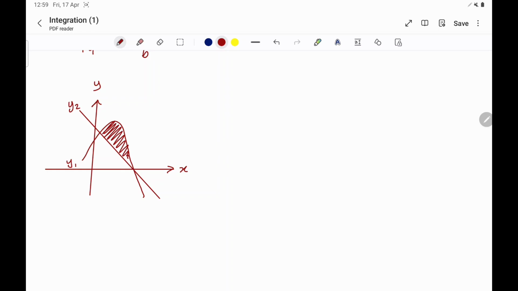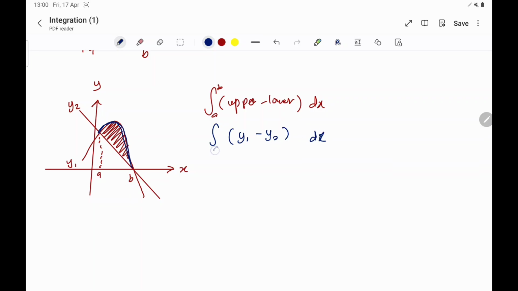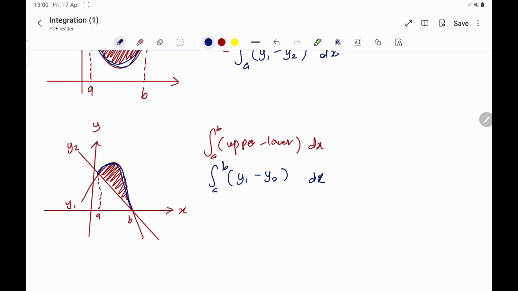The shaded part is here, and the intersection points are here, A and B. So remember, upper minus lower dx, starting from A to B. So where is our upper? Right now our upper is this curve, the quadratic, which is our y1. So it depends: it's not only y1 minus y2, it could be y2 minus y1. You have to check the graph for the upper and lower from A to B. This is how you form the integration in order to find the area between two curves.